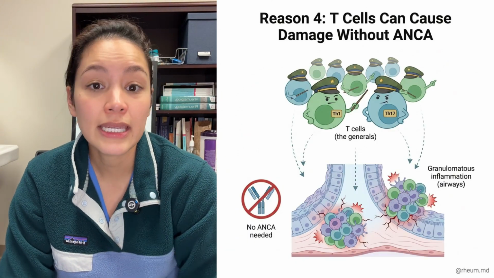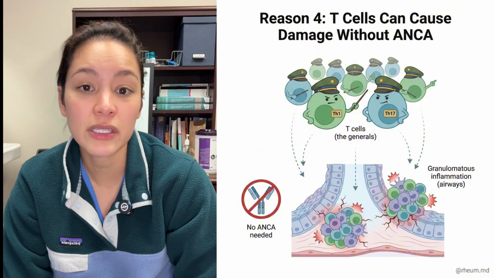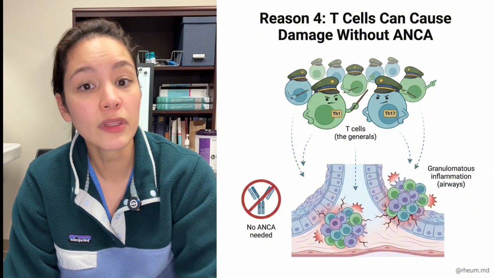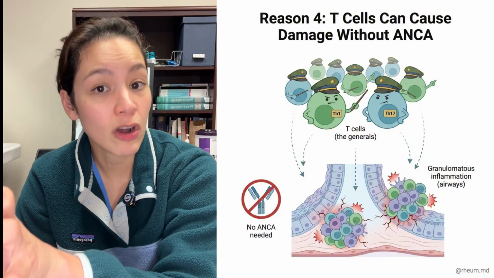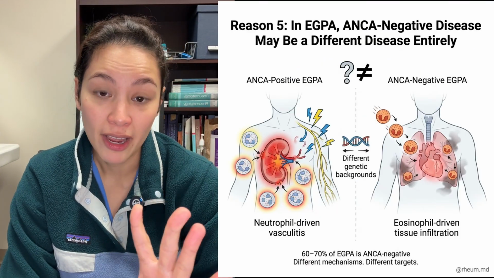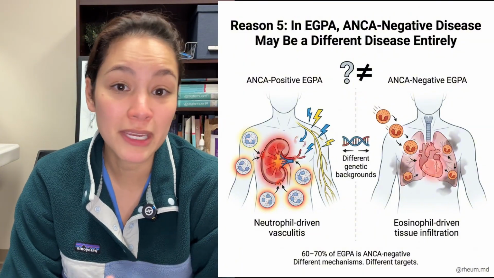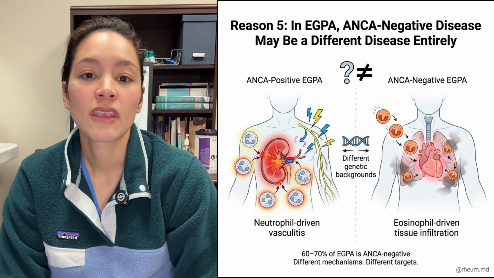Reason four, T cells can cause damage on their own. Remember, T cells, the generals of the immune system, can form granulomas and cause damage even in the absence of ANCA. Reason five, in eGPA, ANCA-negative eGPA may be a different disease entirely.